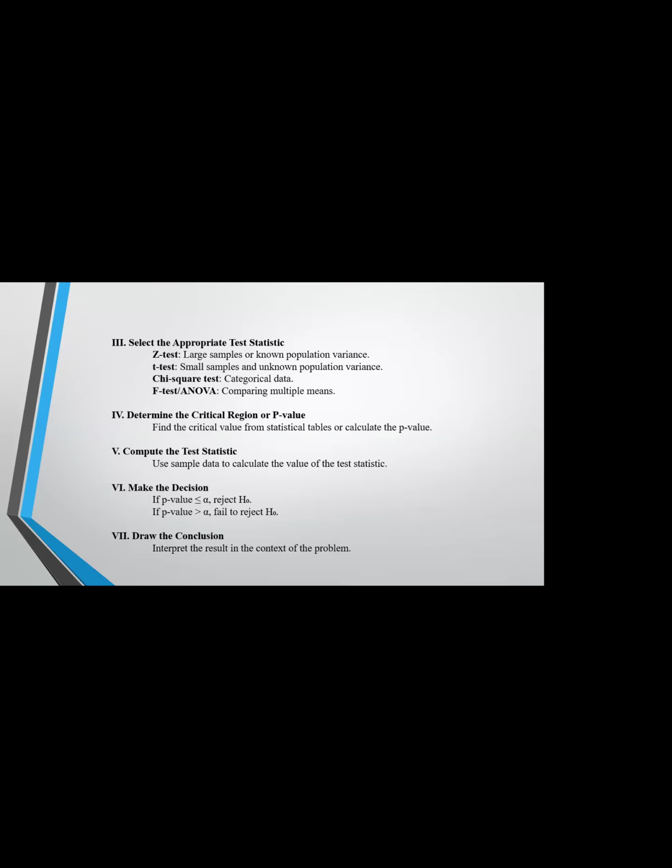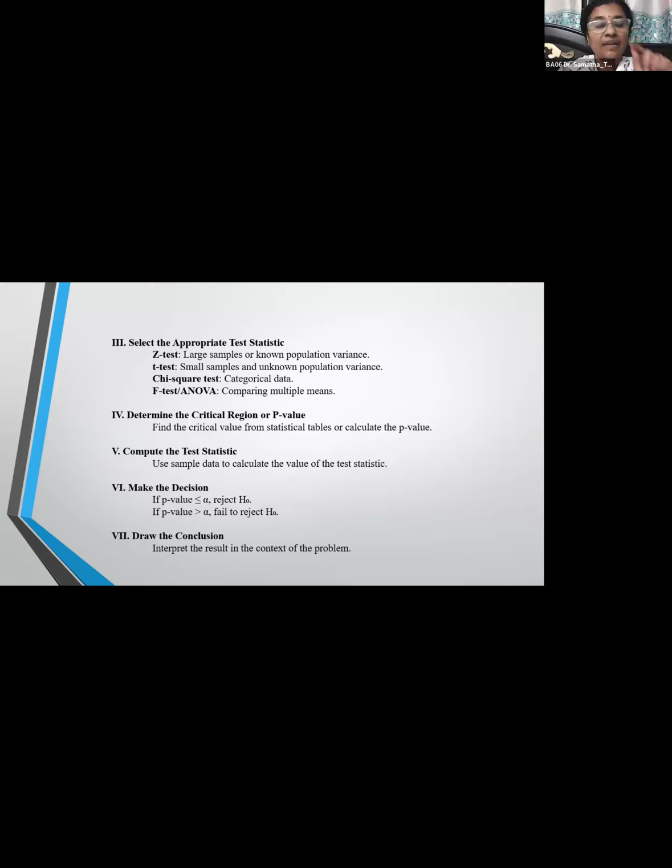If the table value is less than the calculated value, reject the null hypothesis. No, you are confusing. Calculated value and table value, both are going to be there, right?